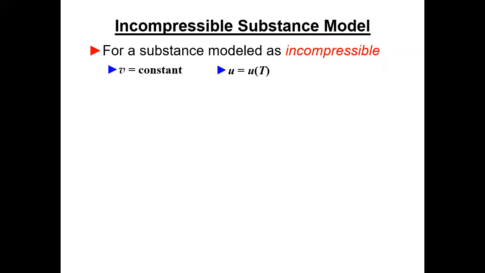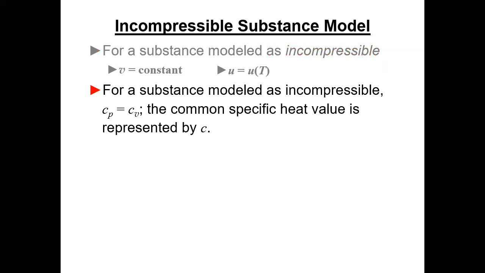We already showed that it's not a function of pressure at all, but it is strongly a function of temperature. For a substance modeled as incompressible, Cp equals Cv. That's handy. If you're working with water that's going to stay in the liquid state, just invoke incompressibility, and you don't have to worry about Cp, Cv.